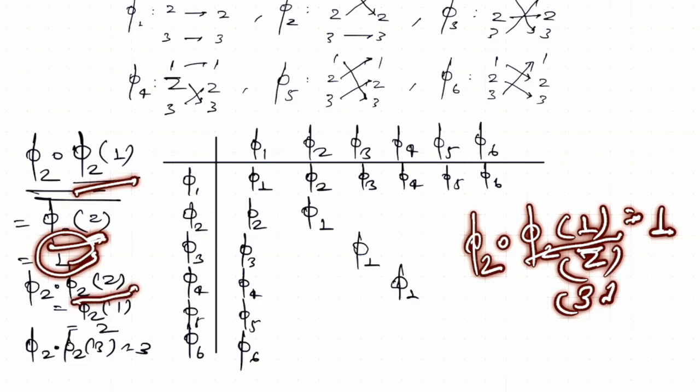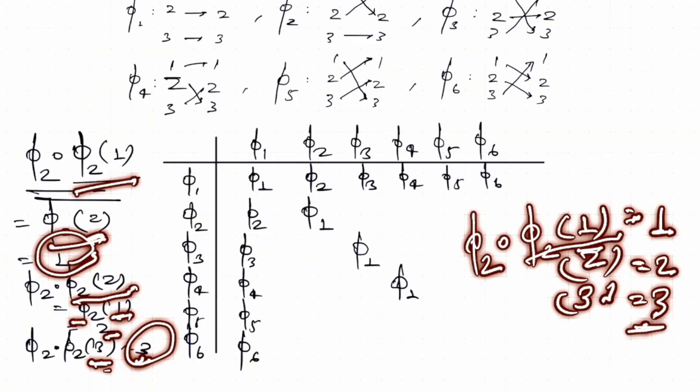Also phi 2 of 2 is 1 and phi 2 of 1 is 2, so it will be 2, and phi 2 applied on 3 will be 3, the last element, since these are bijections. And we can see that this is actually identity because it is sending 1 to 1, 2 to 2 and 3 to 3. So phi 2 composed with phi 2 is phi 1.